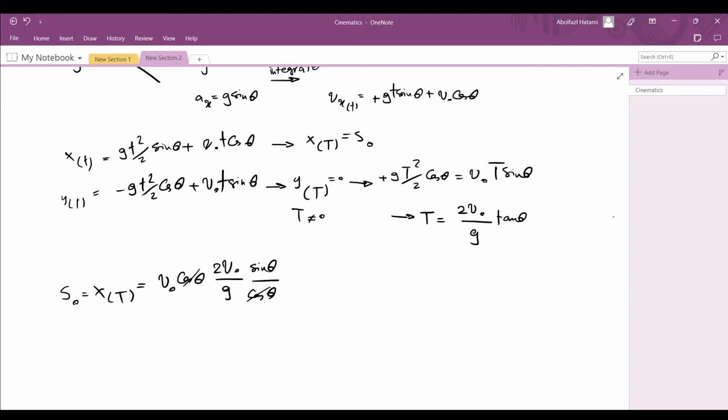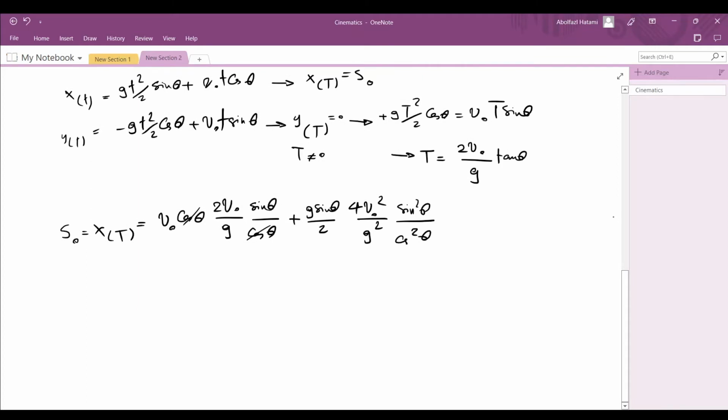Something like this, plus g sine theta divided by 2 times capital T squared, which is 4 v0 squared divided by g squared, sine squared divided by cosine squared. I should do some algebraic calculation to simplify the answer.